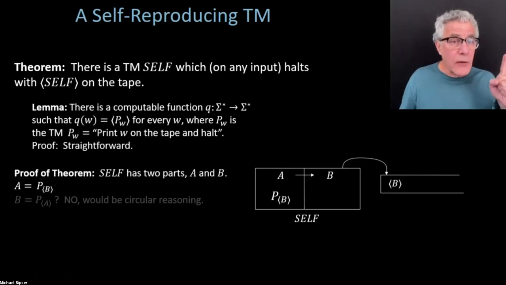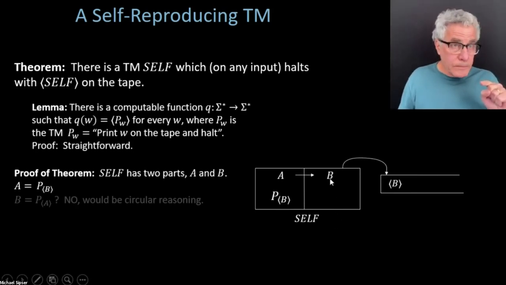And how is it going to figure out what A is? Because if you remember, B can look at the tape. It sees some string there, which happens to be a description of itself, but it doesn't care. It sees some string on the tape. A is the machine that prints out that string. A is Q of this string.